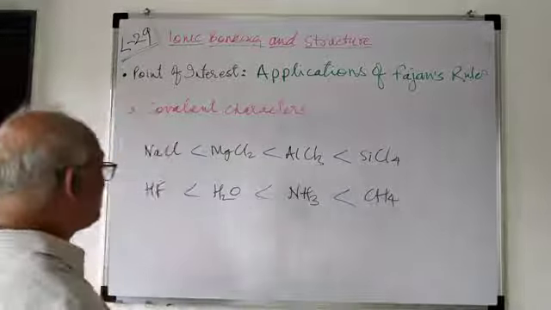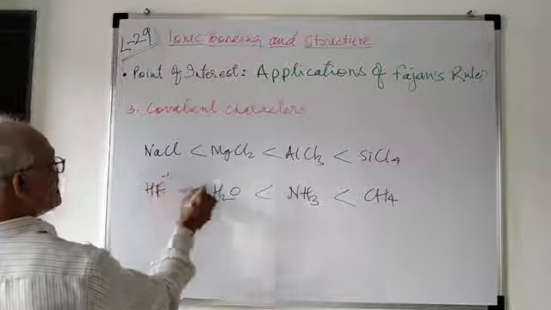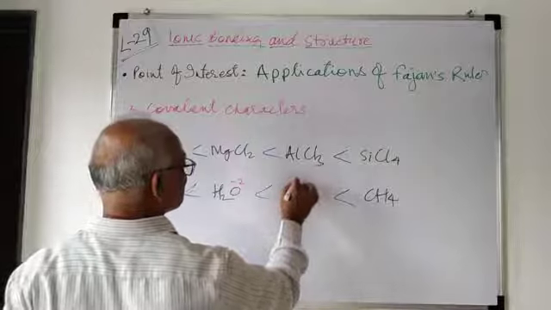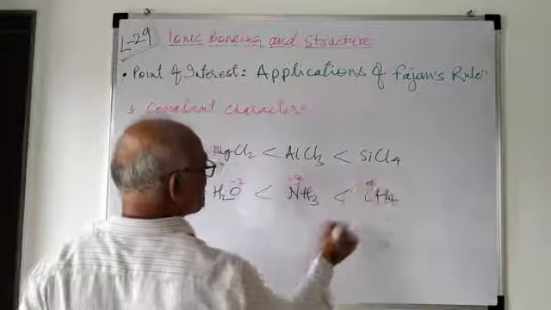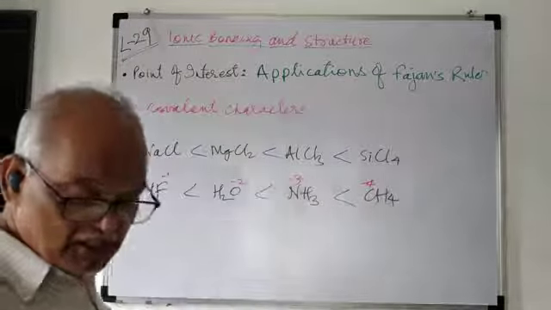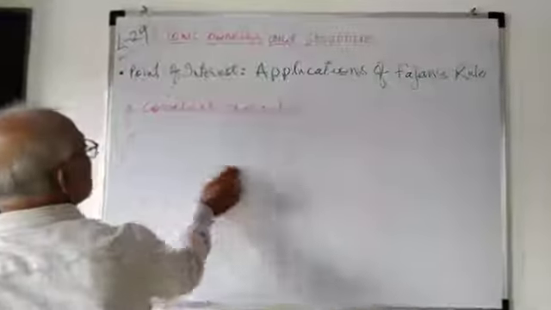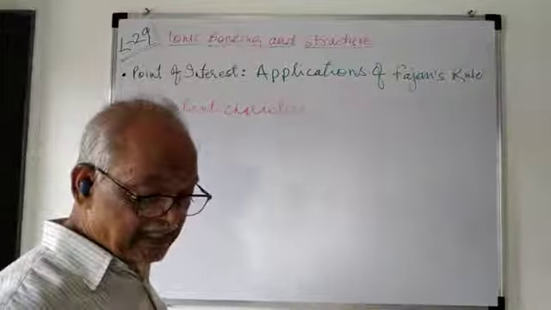So we can show the anion charge as -1, -2, -3, and carbon with -4 charge. So these are some examples showing the series of covalent character.